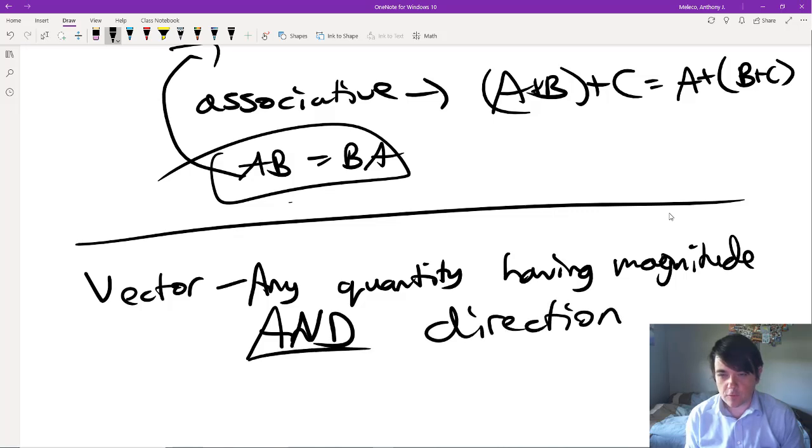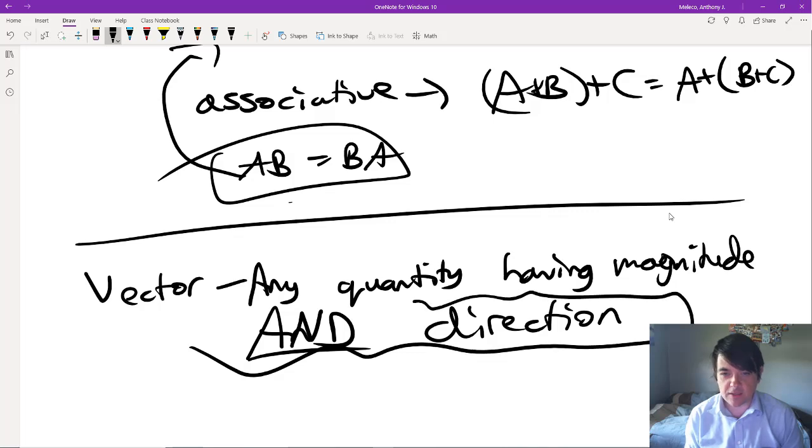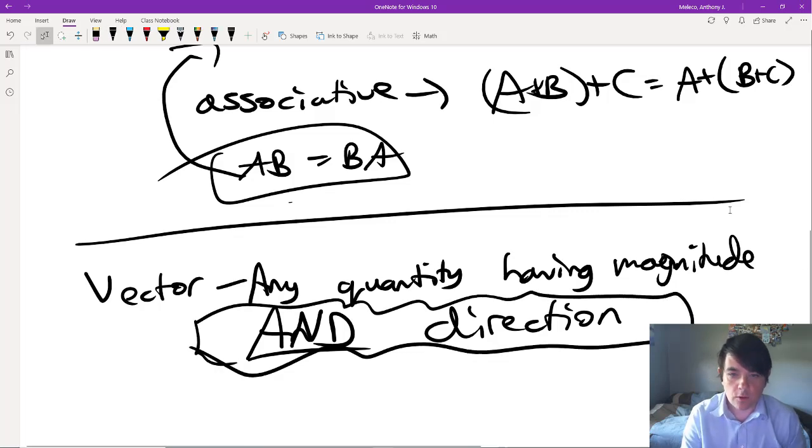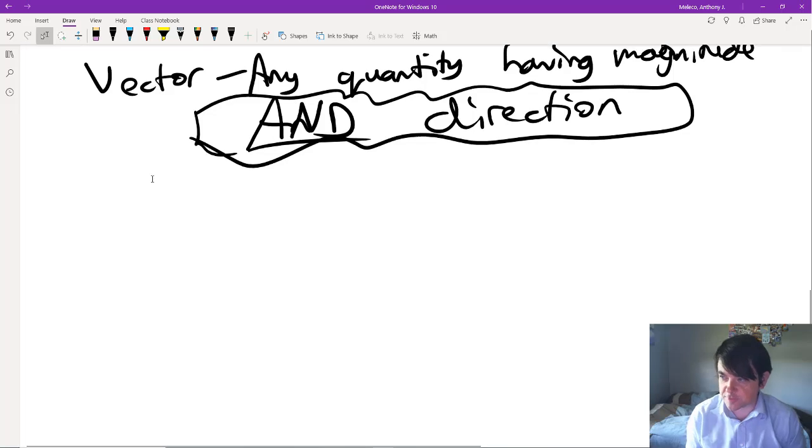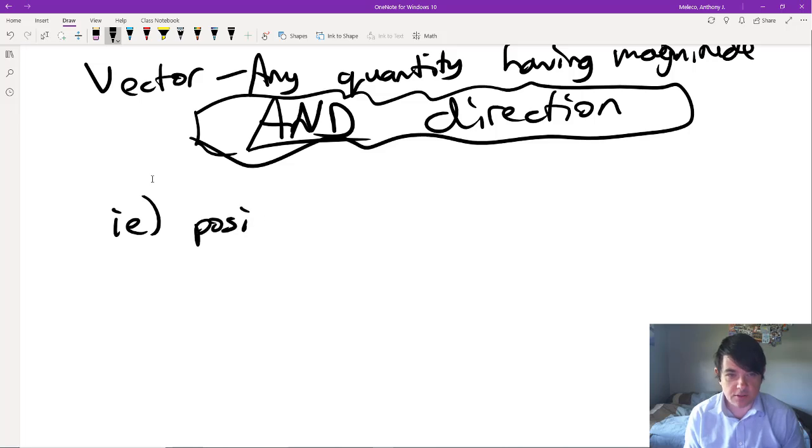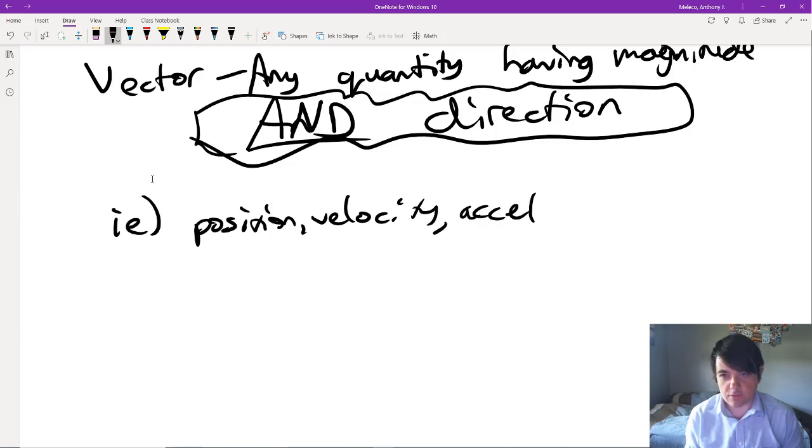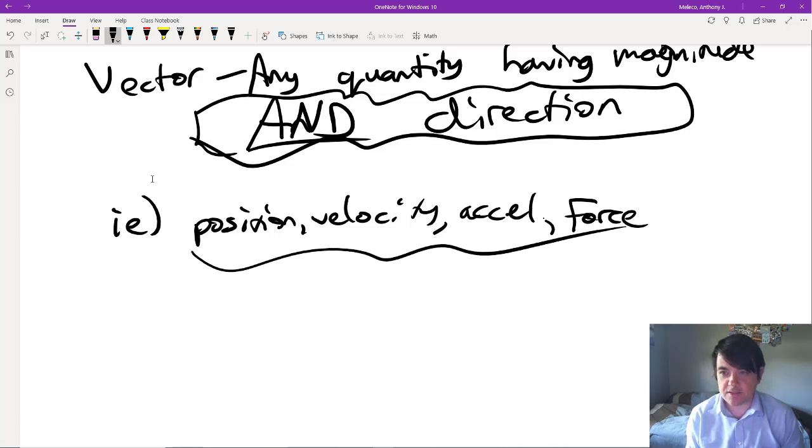This is the defining distinctive trait here. These will have a direction to them, i.e., this is going to be your position, velocity, acceleration, force. There are a lot of things in Physics 1 that have this.